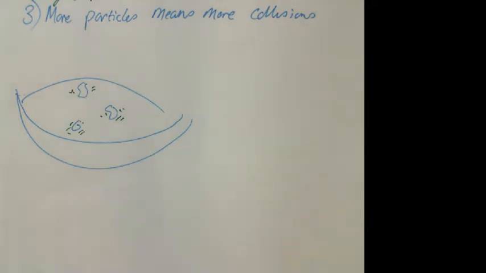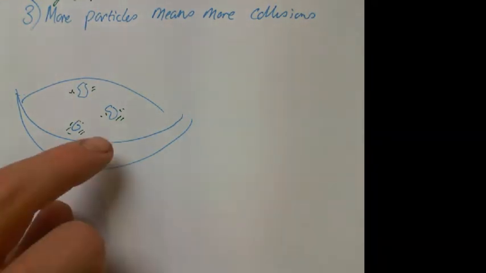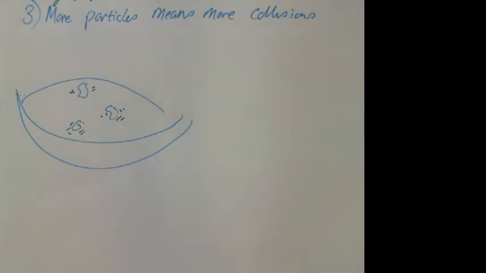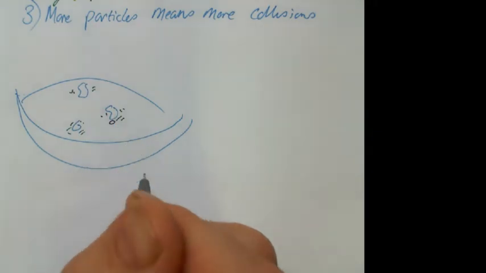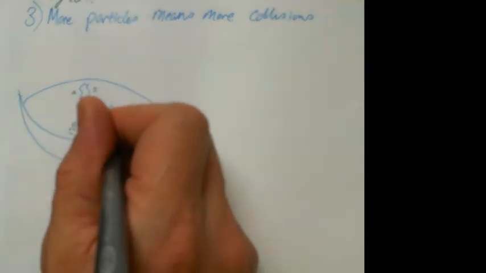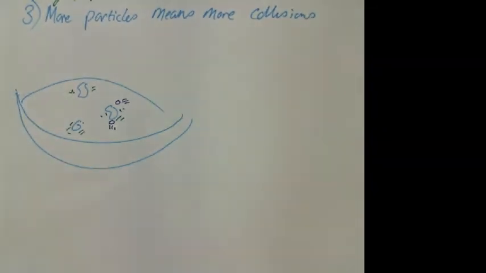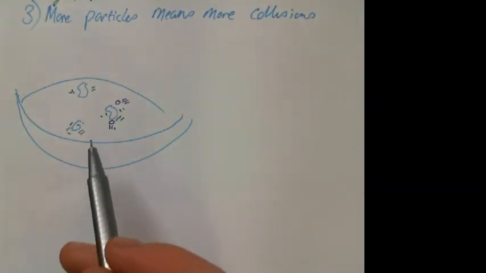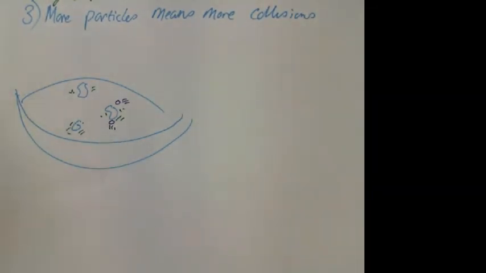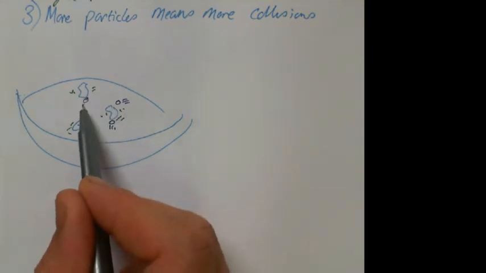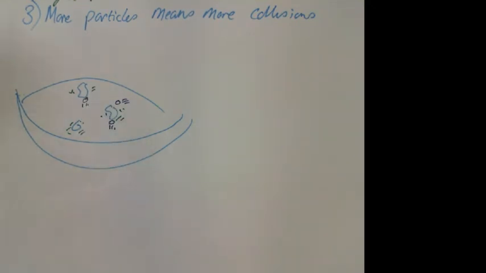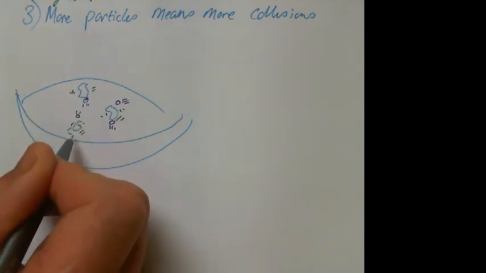What Einstein said was that if you've got your piece of pollen here, it is constantly being bombarded by particles that are so small you can't see them, but the pollen is so light that these particles can move it a little bit. So each random hit on the side of the pollen would cause it to jiggle a little bit, and then it would get hit by another particle, which would cause it to jiggle in the opposite direction.